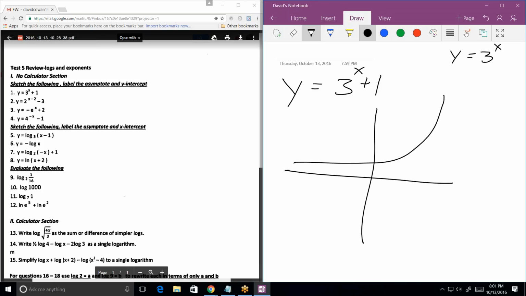Whether it's 3 to the x or 2 to the x or e to the x, you can't tell the difference from looking at just the graph. And all of them go through the same point, which is (0, 1). Notice that if I let x be 0, y is always 1. So even if I were to graph y equals 17 to the x, it would look a lot like this. You wouldn't be able to tell the difference unless I label the grid.